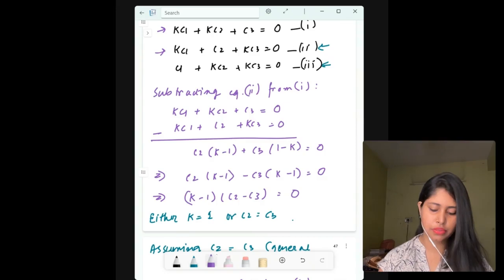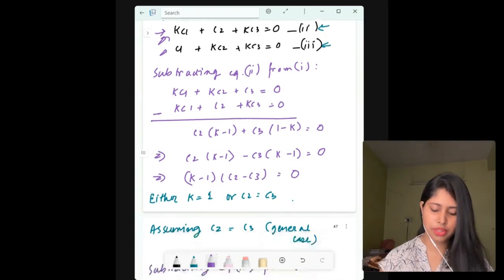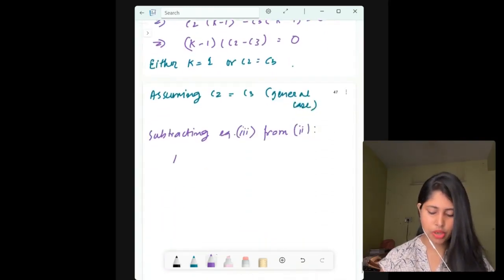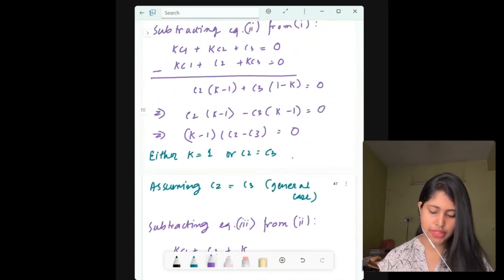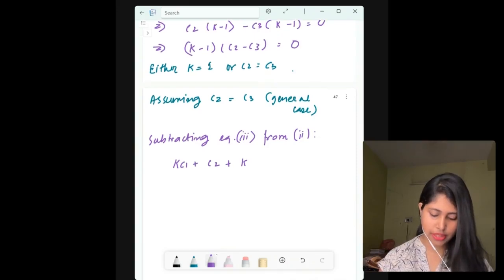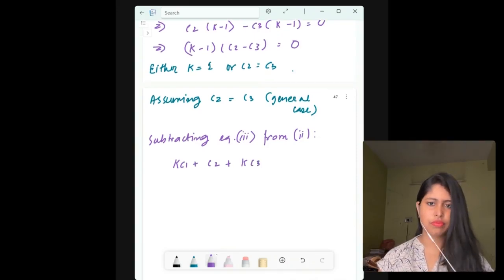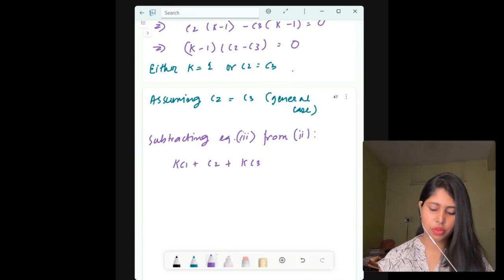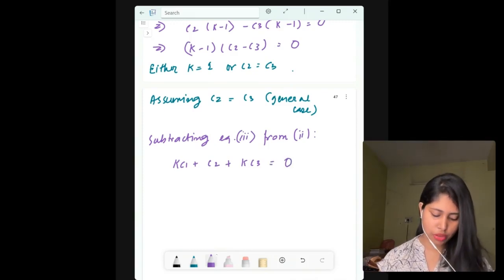This equation, we will subtract this third equation. So kc1 plus c2 plus kc3, plus kc3, and then equals 0.